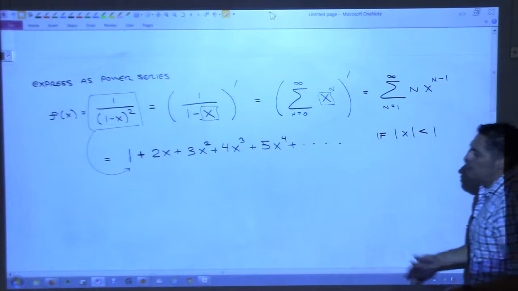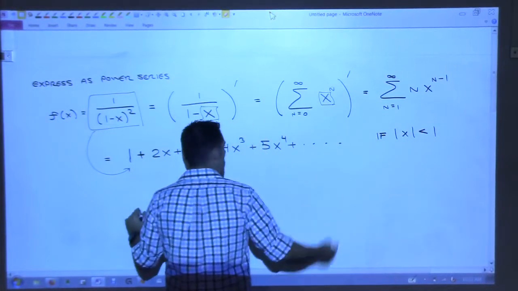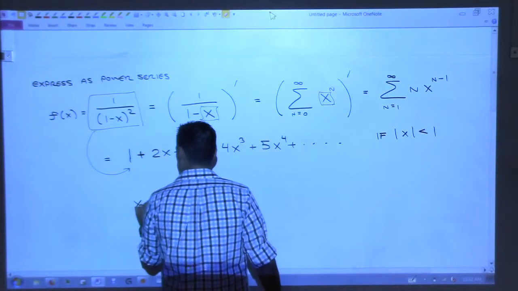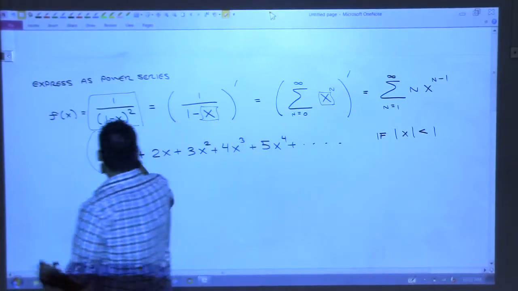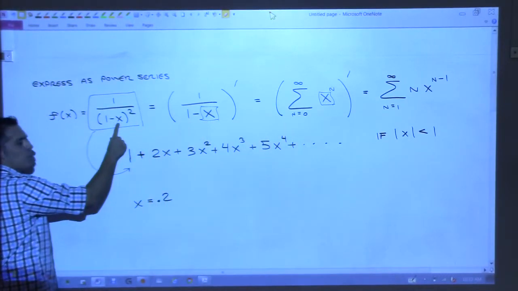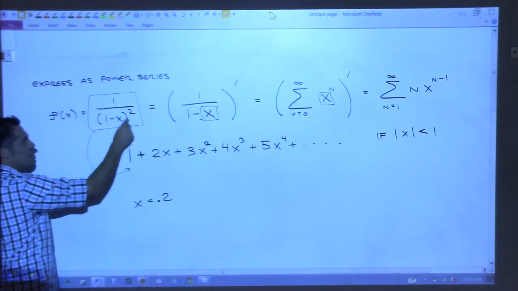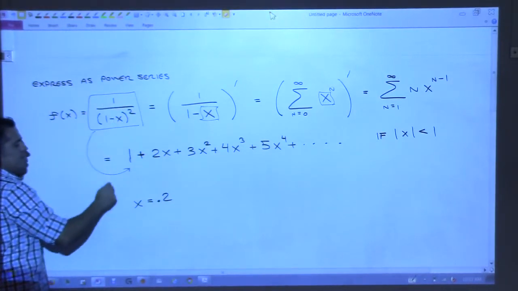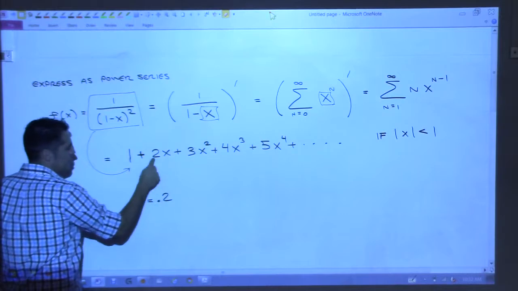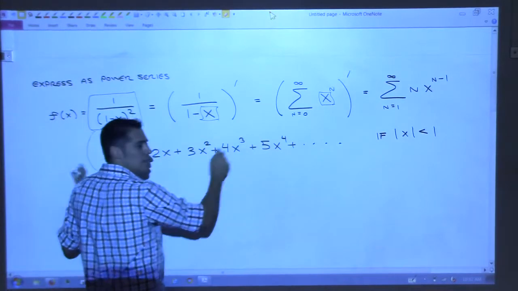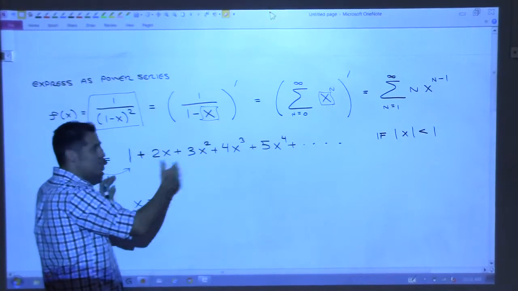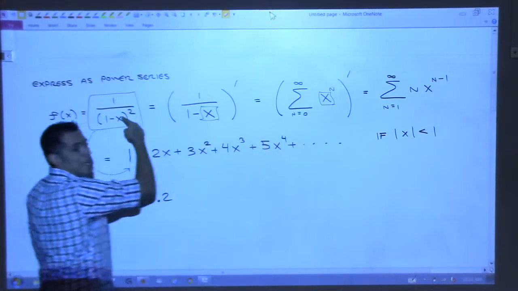That means if you gave me a number with absolute value less than 1, like 0.2, and I plug 0.2 right here, I get 1 minus 0.2 is 0.8, and I square it and I do 1 divided by that, that answer would be the same as doing 1 plus 2 times 0.2 plus 3 times 0.2 squared plus 4 times 0.2 cubed, and so on and so forth. This right here would converge to that same answer.